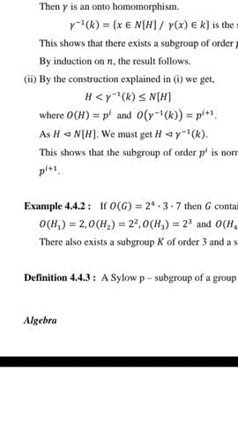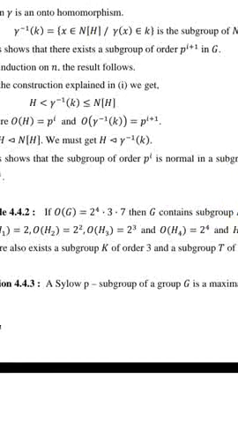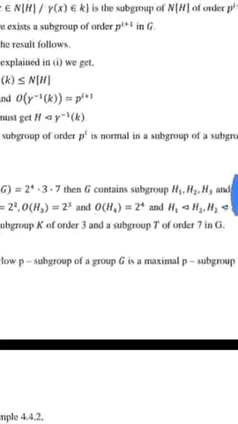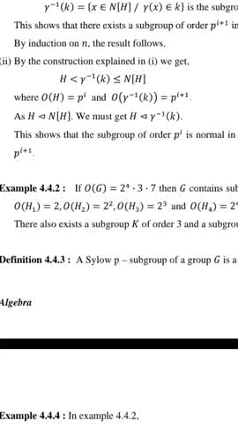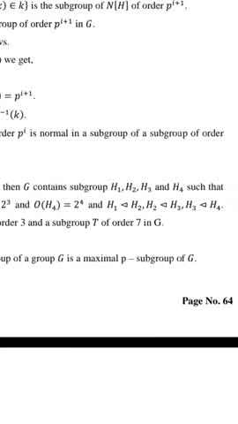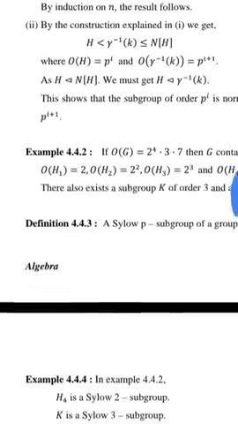Next, an example: if the order of G is equal to 2 raised to 4 times 3 times 7, then G contains subgroups H1, H2, H3 and H4 such that the order of H1 is 2, the order of H2 is 2 squared, the order of H3 is 2 cubed, the order of H4 is 2 raised to 4, and H1 is normal in H2, H2 is normal in H3, H3 is normal in H4, and so on.